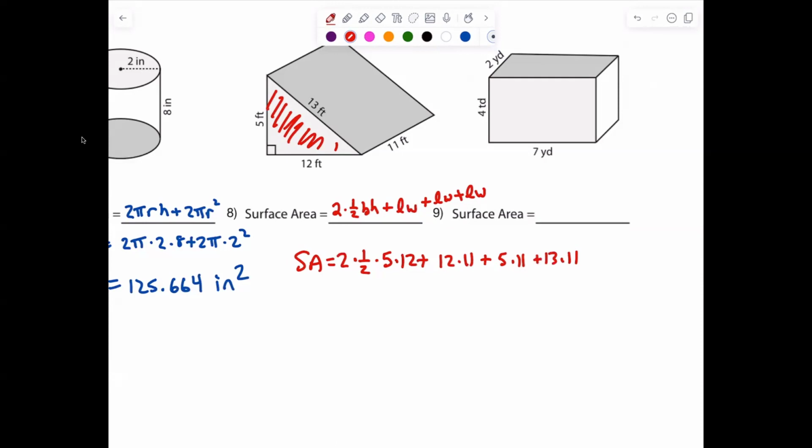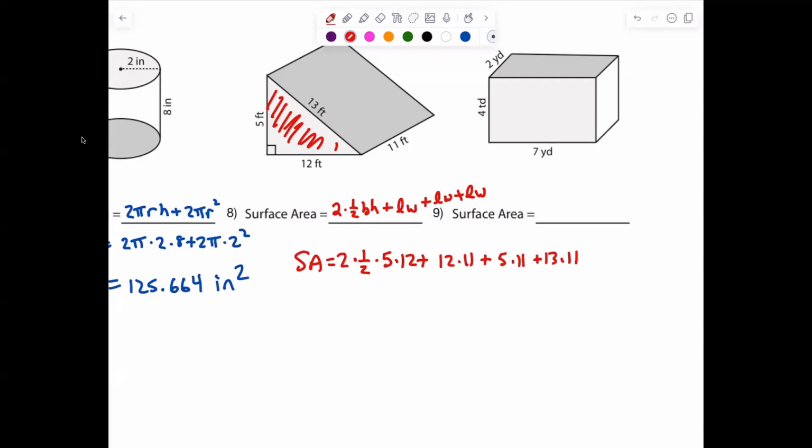$330. 522. Ooh, that's not what I got. I think I need to redo this one. According to my calculations, I think it's 390. 390. That's what I got, 390. Did anybody else get 390?